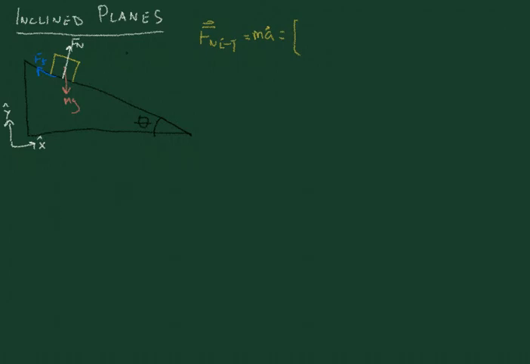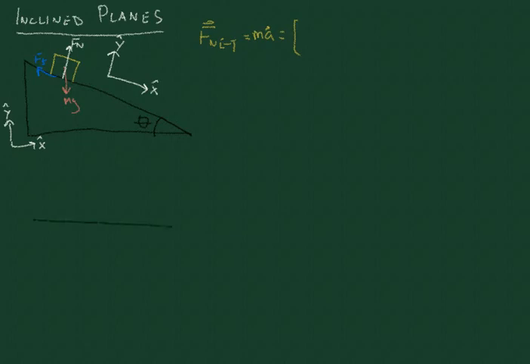But we find that with inclined planes, the easiest way to do it is to make the block move in the x direction. The y direction is perpendicular to it. And the reason that we do this is because now the motion of the block is only in one dimension, right? It's only moving in the x direction.